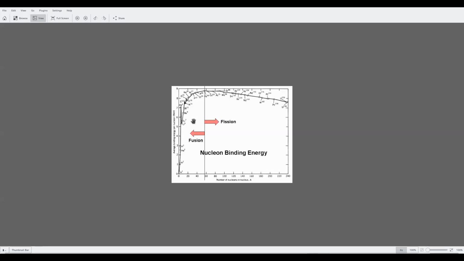So at the beginning it's easier to put them together. So we have this increase, and then due to the Coulomb repulsion, it's decreasing again.